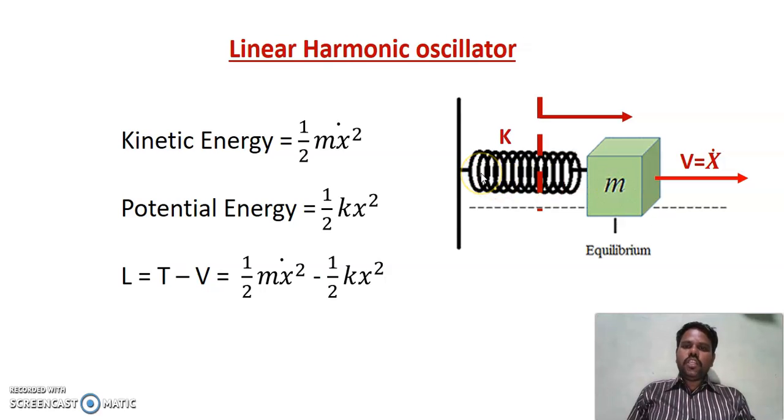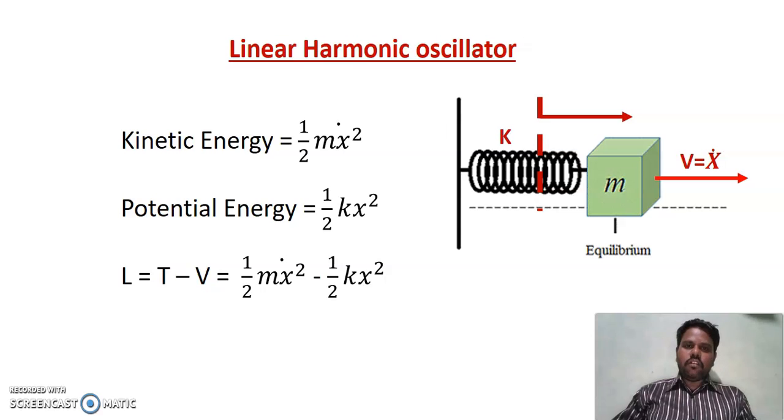Then the kinetic energy of the system is given by half m x dot square. We know that the force is given by F is equal to minus kx. For a conservative force, the potential is derivable by the integration of the force.